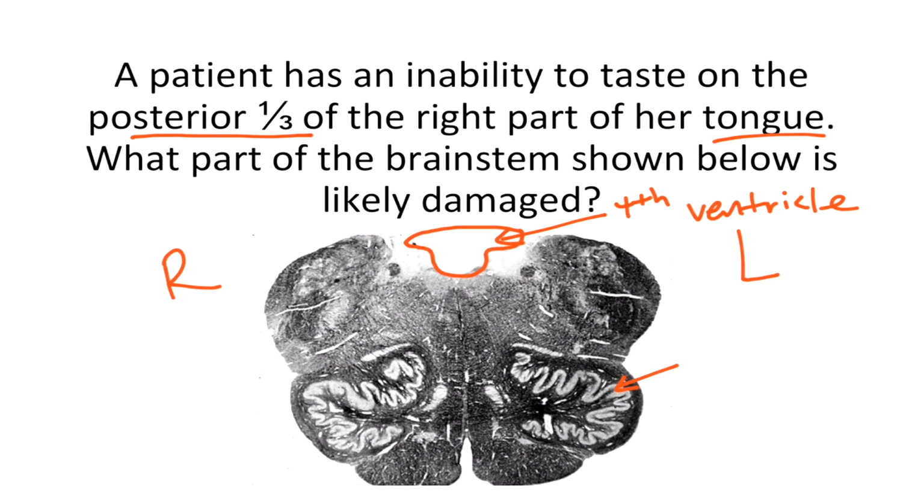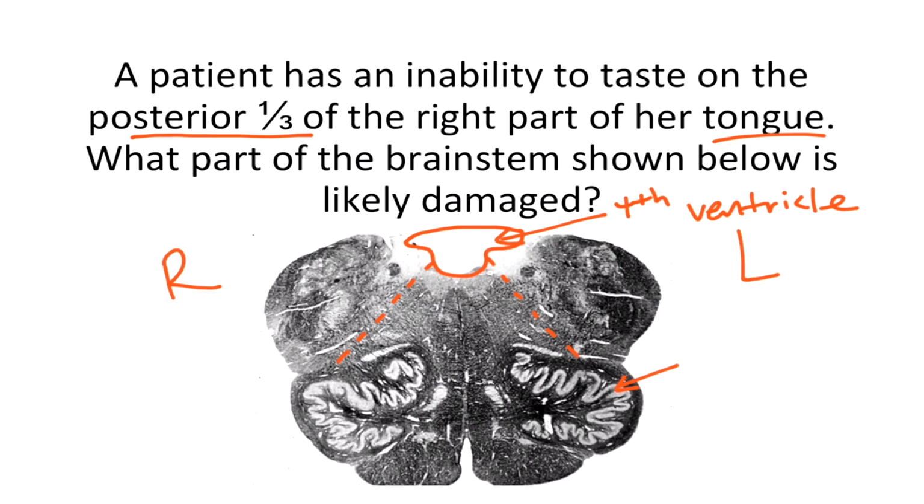Finally, as I mentioned earlier, identifying the approximate region of the sulcus limitans can help us separate the sensory nuclei from the motor nuclei. In this case, the sulcus limitans is about here. This means that nuclei lateral to the sulcus limitans are associated with sensory information.